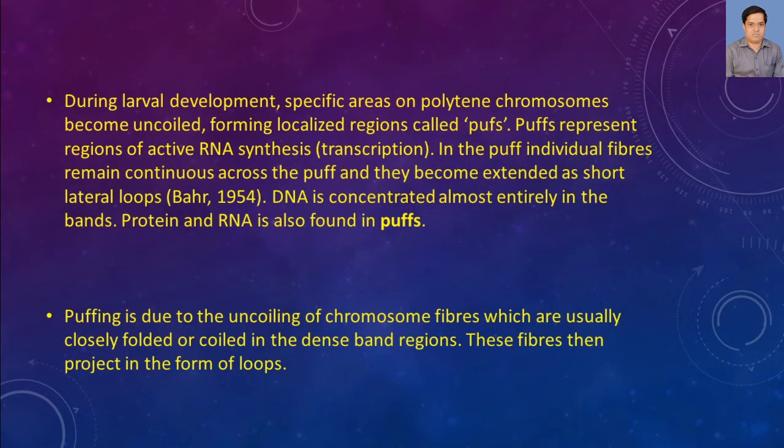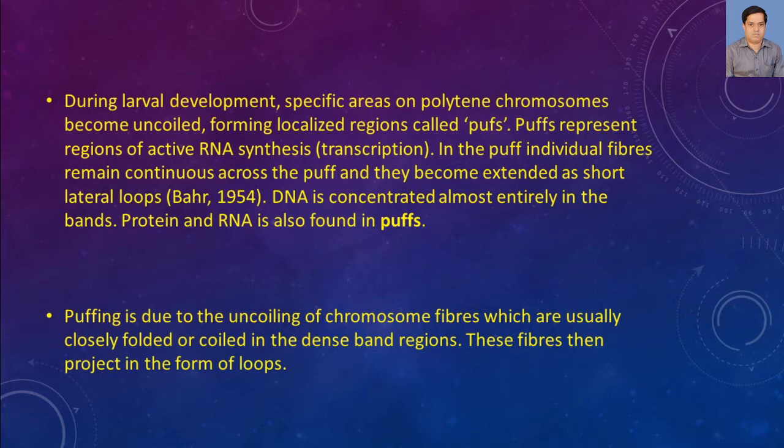In the puff, individual fibers remain continuous across the puff and they become extended as short lateral loops, according to Barr, 1954. DNA is concentrated almost entirely in the bands, and protein and RNA are also found in puffs.